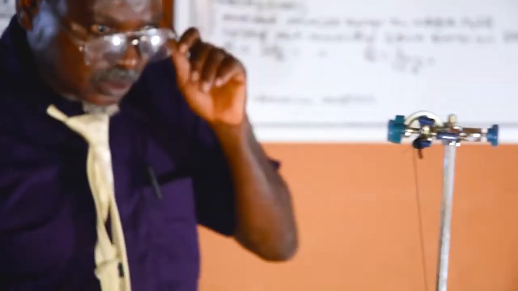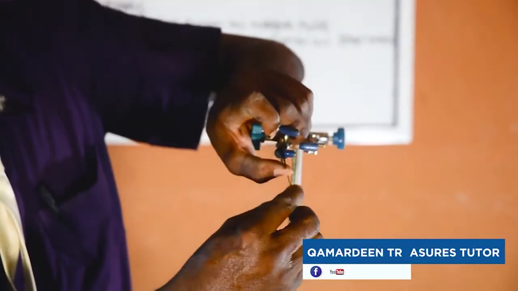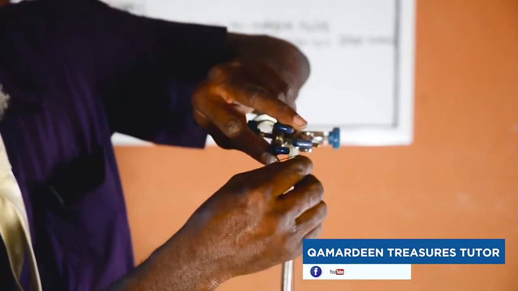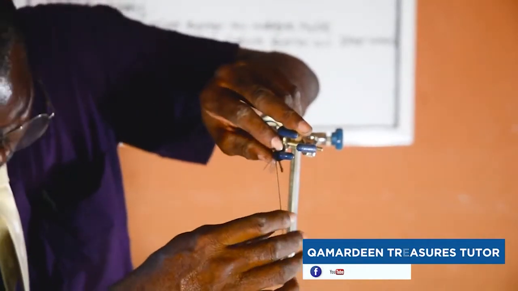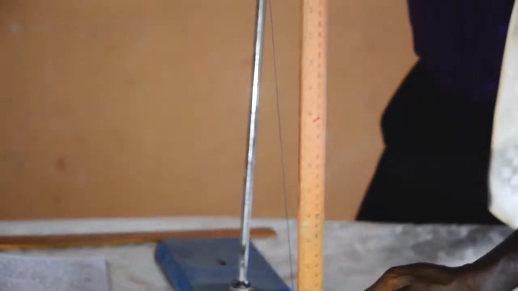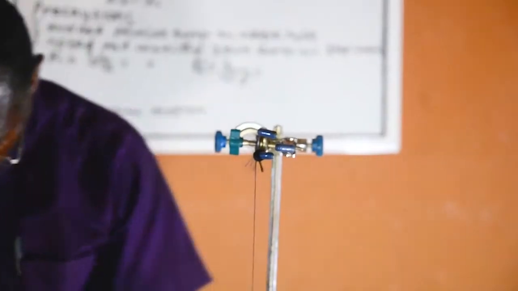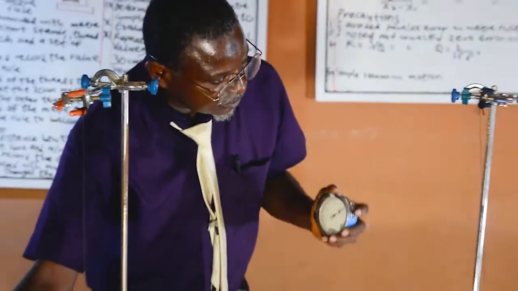And do the same thing here. Confirm it by checking it. This is 50. I want to start the displacement for 50.